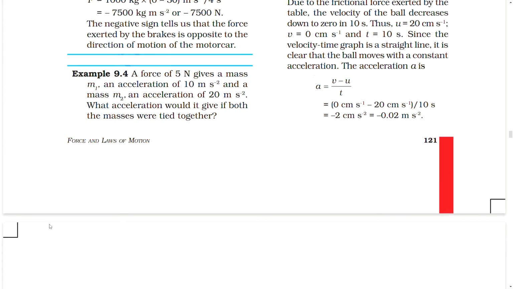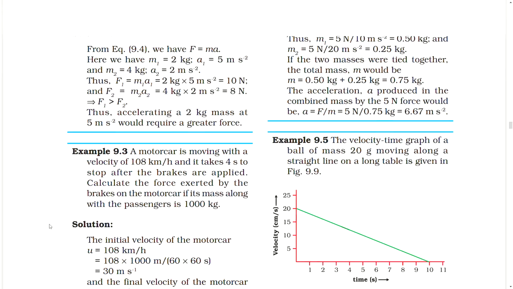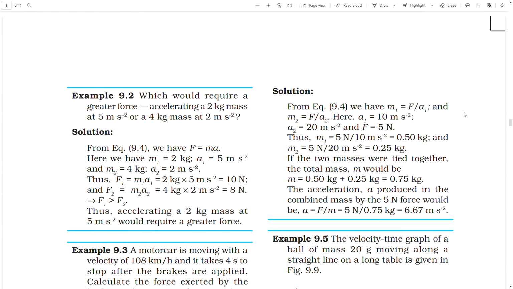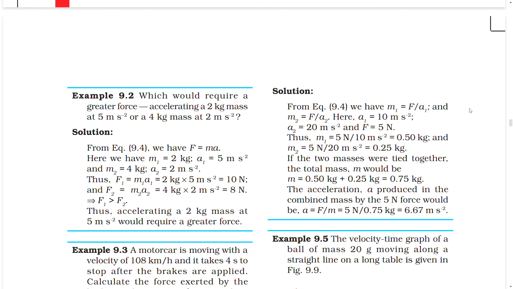Example 9.4. A force of 5 Newton gives a mass m1 an acceleration of 10 meter per second square and a mass m2 an acceleration of 20 meter per second square. What acceleration would it give if both the masses were tied together? Solution. From the equation we have m1 equal to F by a1 and m2 equal to F by a2.